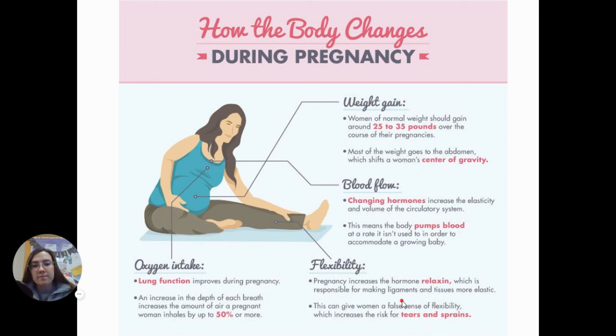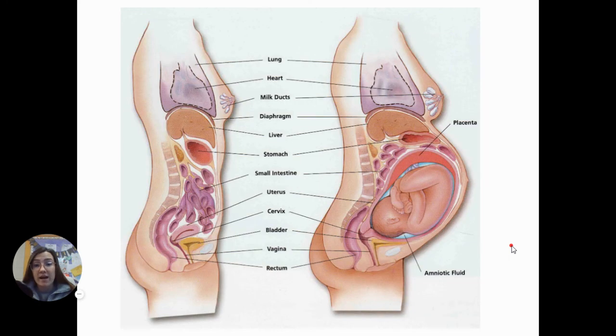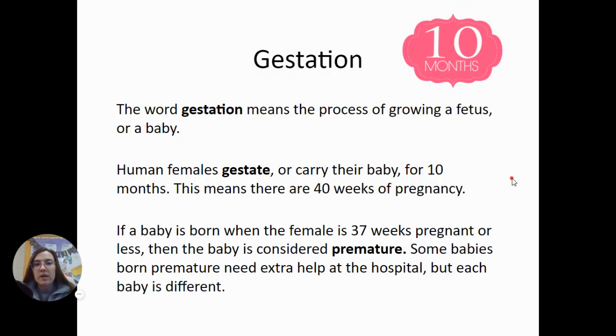And then there are different ways that your body changes because your organs get pushed around. So looking here at inside the body, you can see with the fetus, it pushes all of the organs up and around. So that's what can lead to it being a little uncomfortable.